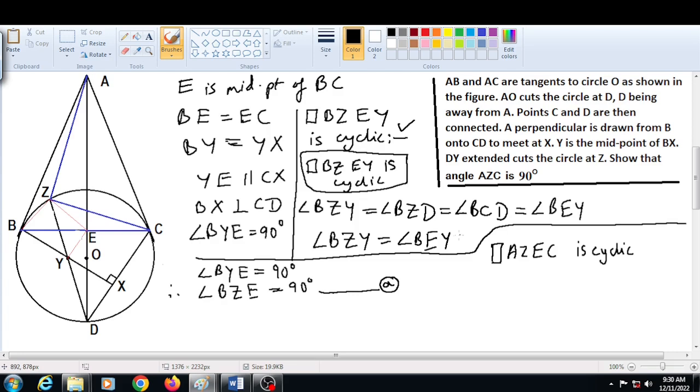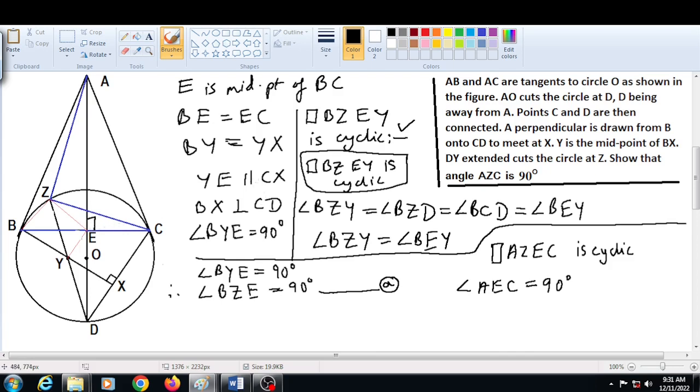If I show that quadrilateral AZEC is cyclic, then it will follow that angle AZC is 90 degrees. This is because we know angle AEC is 90 degrees. AEC, this angle over here, is 90 degrees.